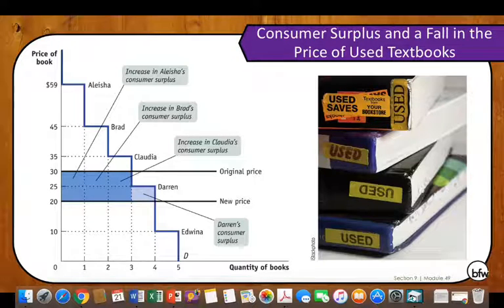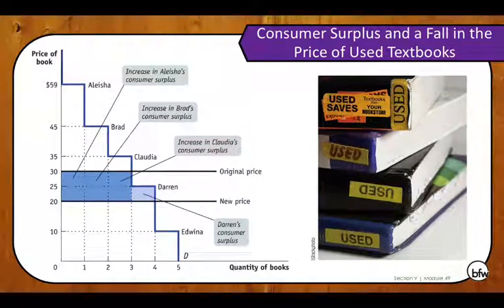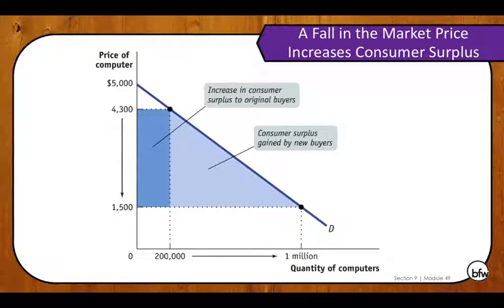As you might guess, a higher price will decrease consumer surplus in the same way. So we can see this in the graph as a smaller triangle, or a bigger triangle rather, of consumer surplus.